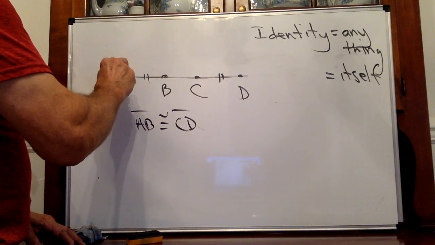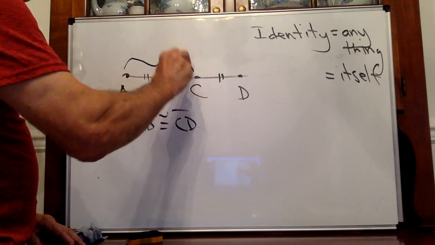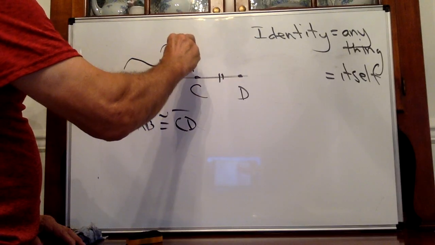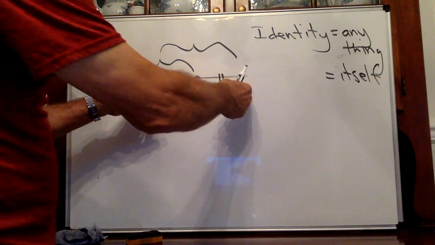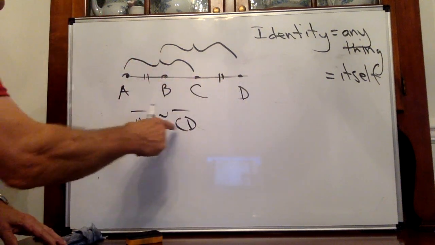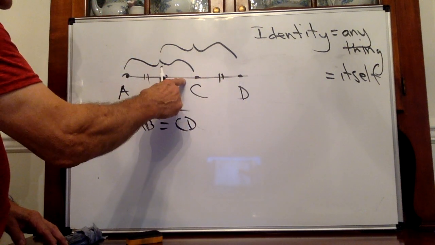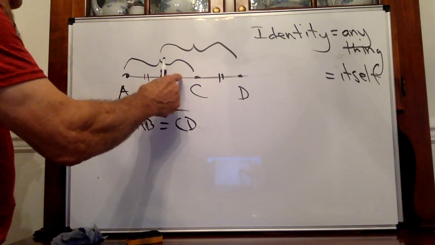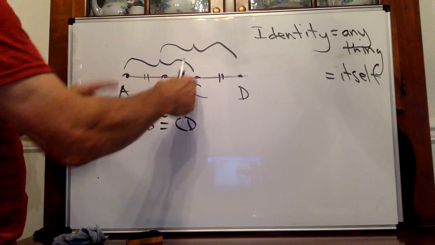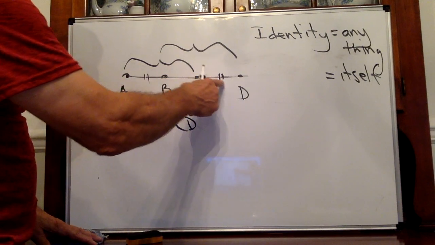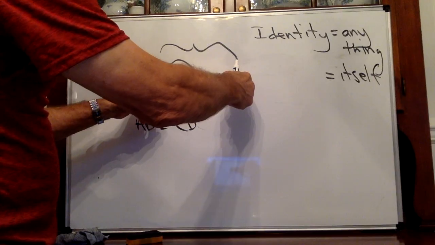Well, now let's look at this segment and that segment, from A to C and from B to D. Since these little pieces are congruent and BC is equal to itself, if I add the measure BC to AB, I get AC. If I add the measure BC to CD, I get BD.